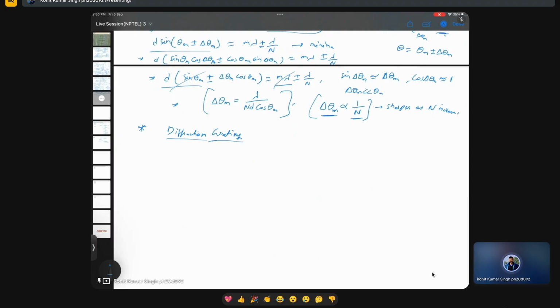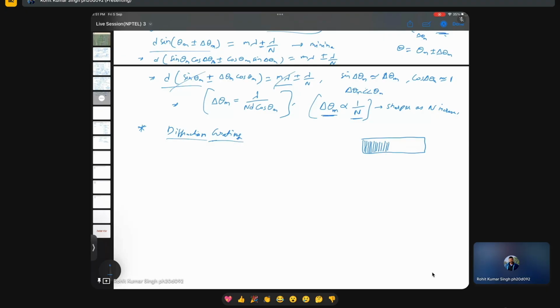So what is the diffraction grating? Basically you take any transparent material, like a scale kind of material, and you draw lines on it using something called grooves. They have diamond needles. You put equally spaced lines like this, and you get a diffraction grating.